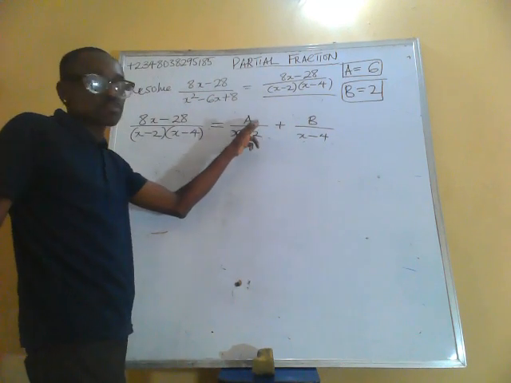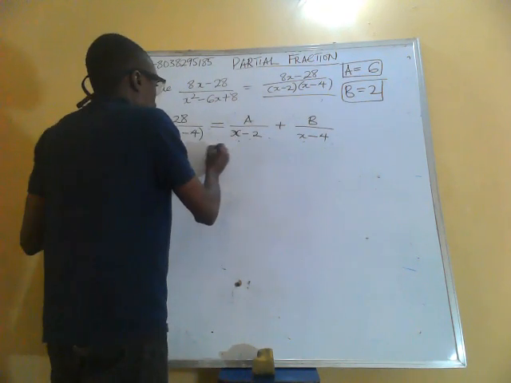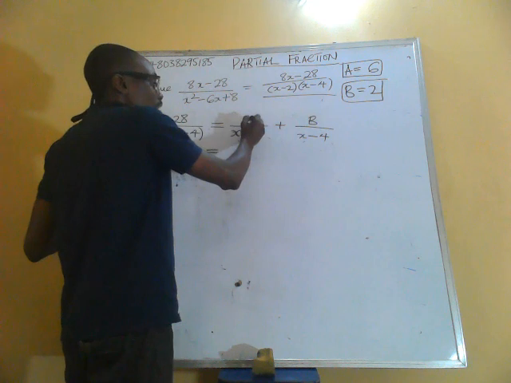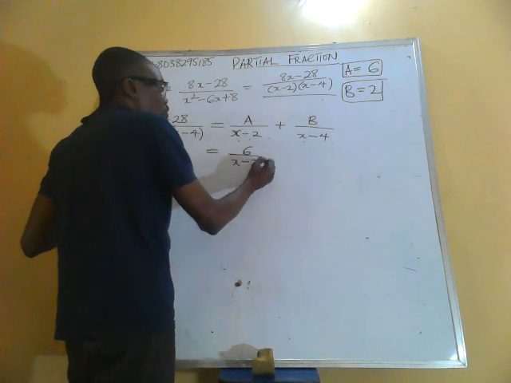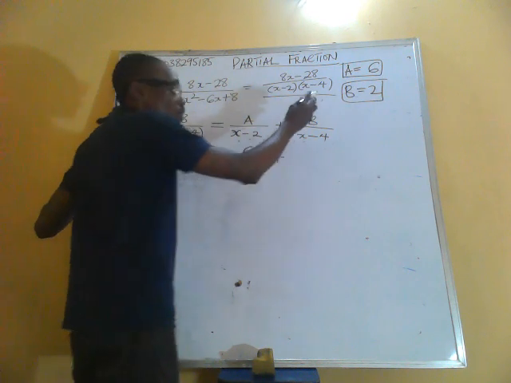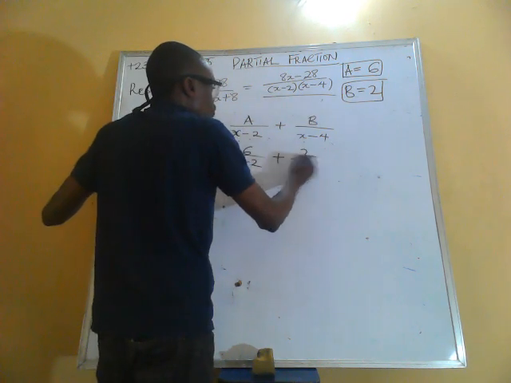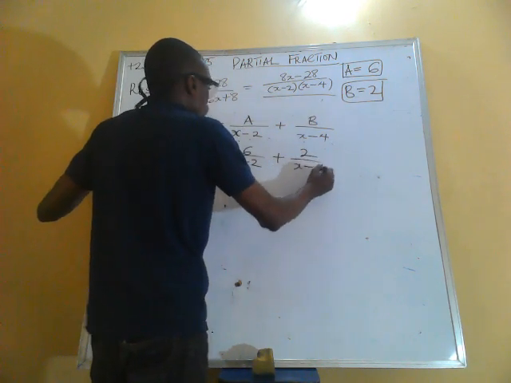So, resolving to partial fractions right now. Here we have a is 6. So we have 6 over x minus 2 plus b. Our b is 2. So we have 2 over x minus 4.